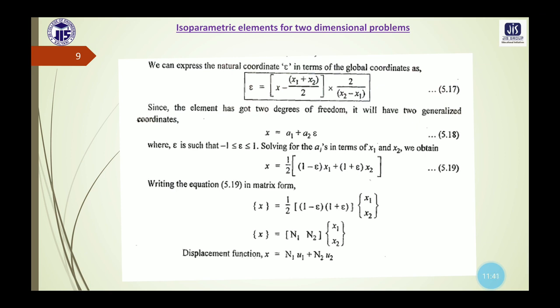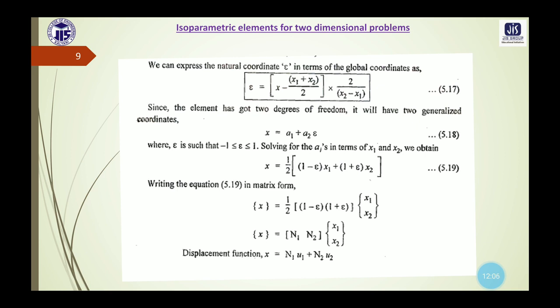Now here this bar element has 2 degrees of freedom, so it will have 2 generalized coordinates. That means x equals a1 plus a2 into epsilon, which is our equation number 5.18. Here the limit of epsilon is such that minus 1 is less than or equal to epsilon less than or equal to 1.